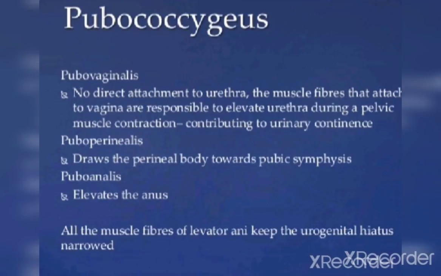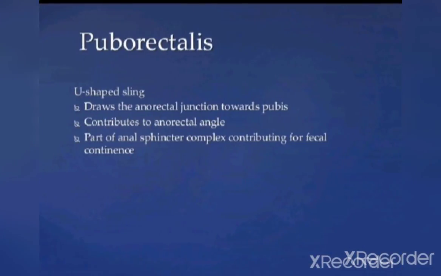Puboanalis elevates the anus. All the muscle fibers of the levator ani keep the urogenital hiatus narrow. So this urogenital hiatus, or opening, is maintained narrow by the pubococcygeus muscles. Now puborectalis is a U-shaped sling.